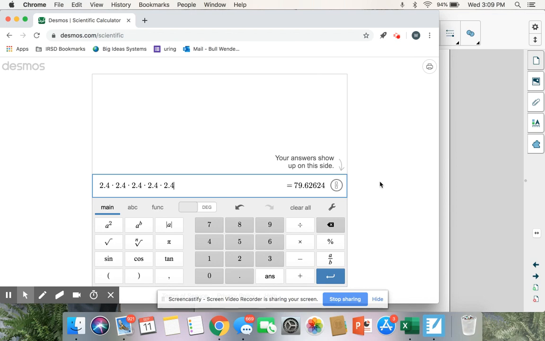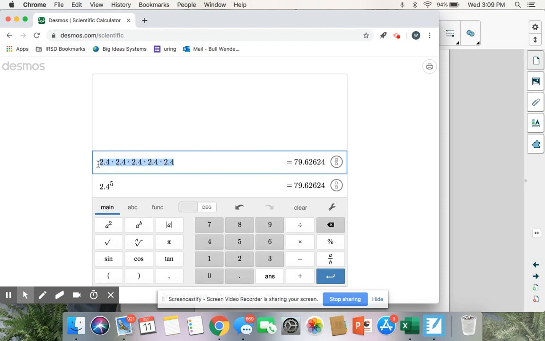The other way to think about 2 4/10 to the power of 5 in your calculator is to enter 2 4/10, and then this exponent button allows you to input the proper power. Notice how regardless of whether you did this through expanded form or exponential form, you still got the same standard number.